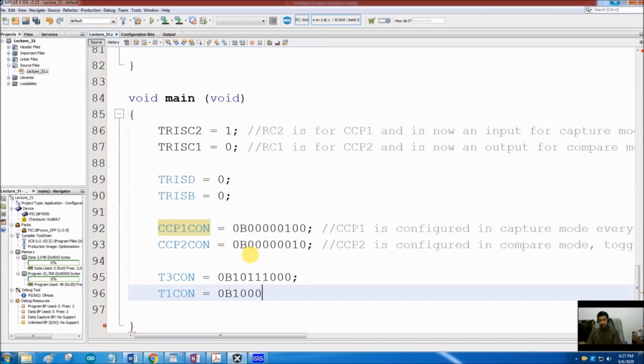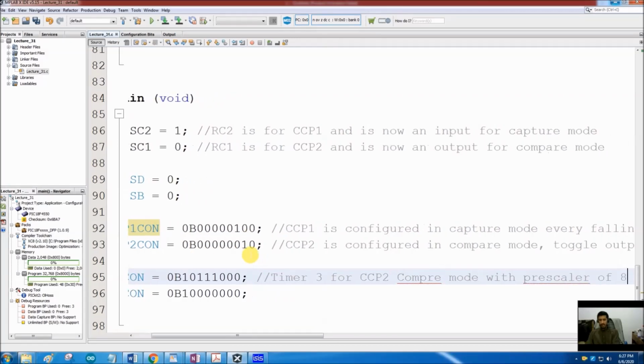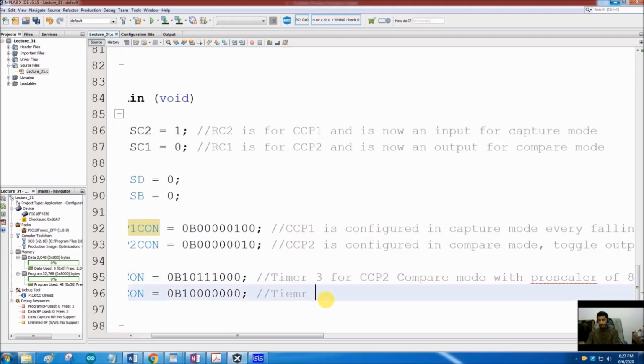Now Timer 3 is selected for CCP2 compare mode with a prescaler of 8, and Timer 1 for CCP1 capture mode with no prescaler.